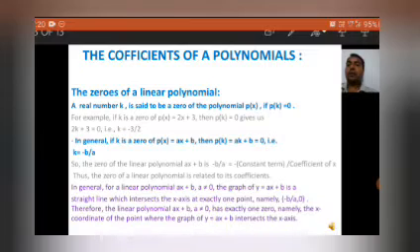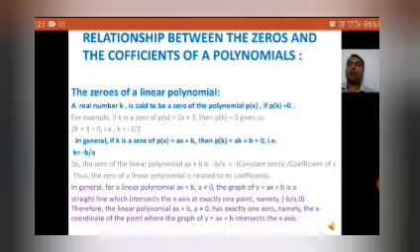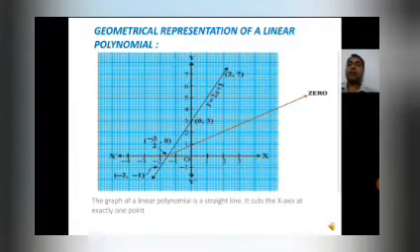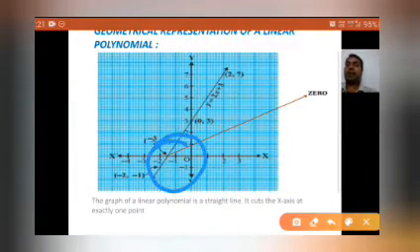Therefore, the linear polynomial ax plus b, a not equal to 0, has exactly one zero. The x-axis is intersected at only one point. That point is called the zero of the linear polynomial. It is graphically represented like this.